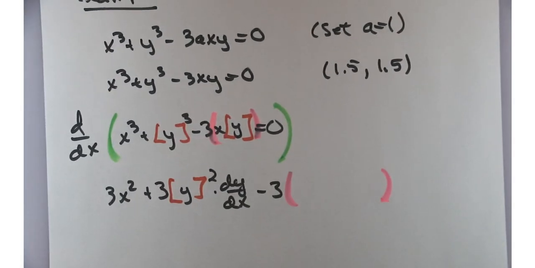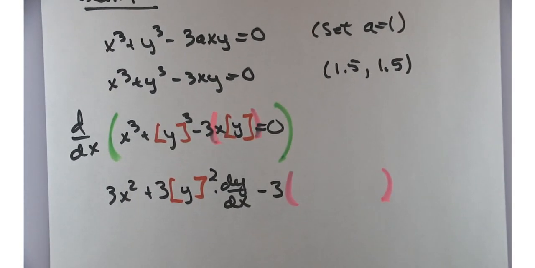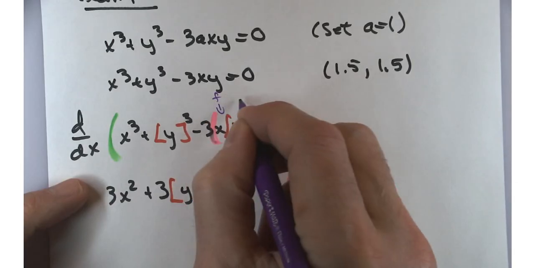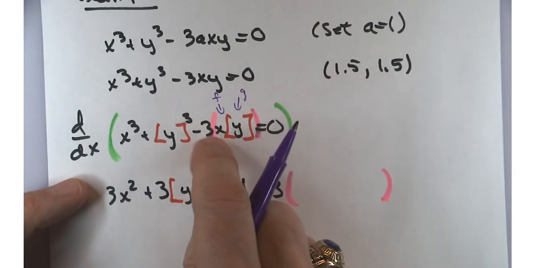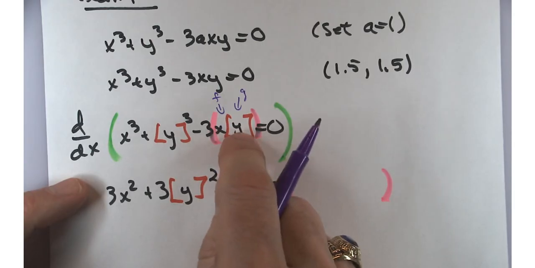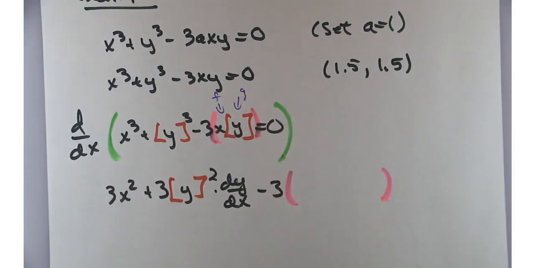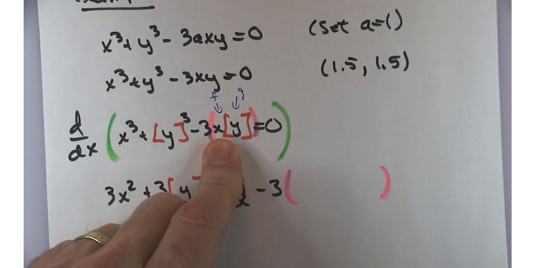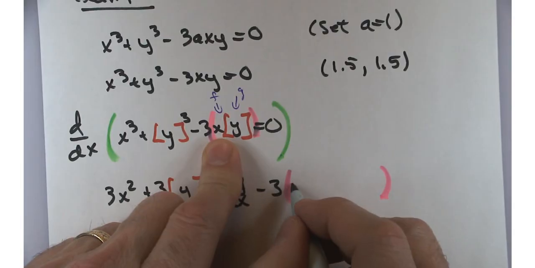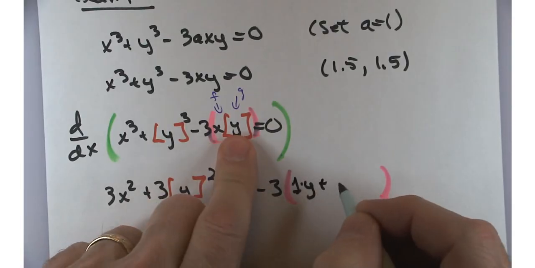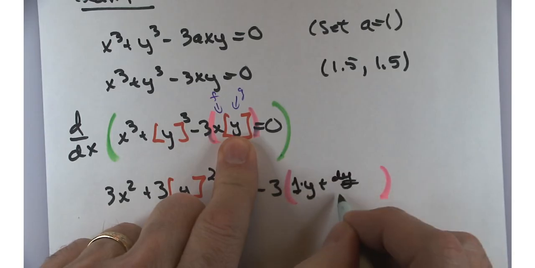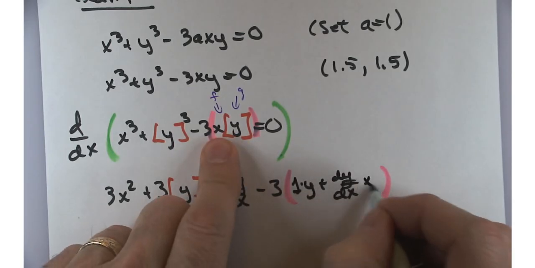So let's denote one of these as f and one of them as g. So this would be like your f, and that's your g. So it's going to be f prime times g plus g prime times f. Someone want to help me out with f prime? Yeah, it's just going to be a 1 times y plus g prime, dy by dx, times x.